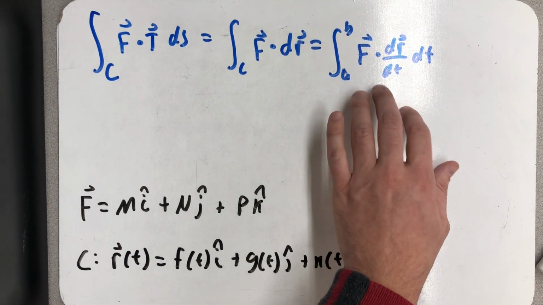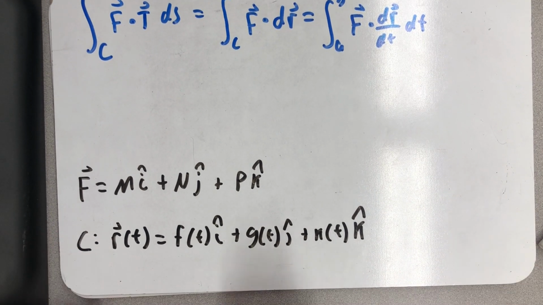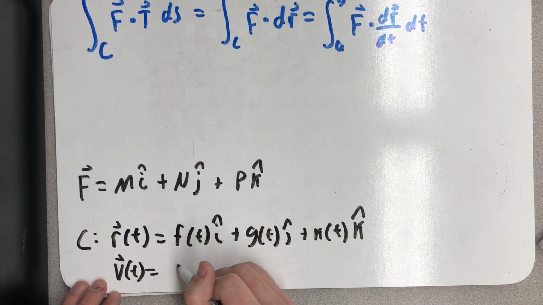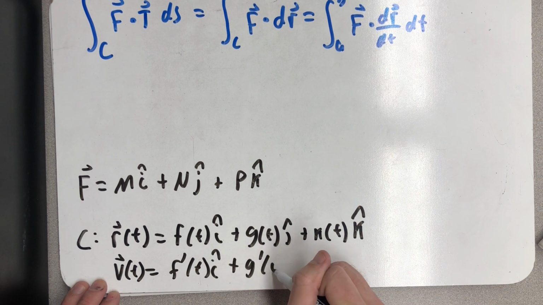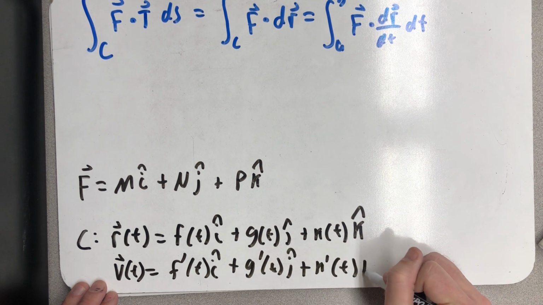All right, so I want to investigate this dot product just a little bit. And so that would mean I need to write down v of t, right, dr/dt. Well, that would just be f prime of t i plus g prime of t j plus k prime of t k hat.